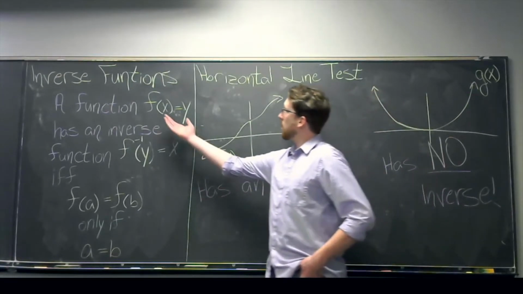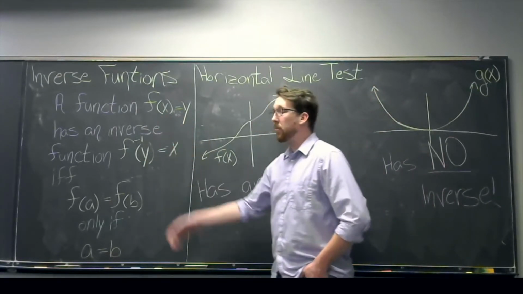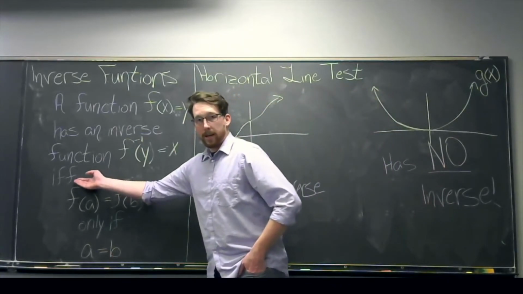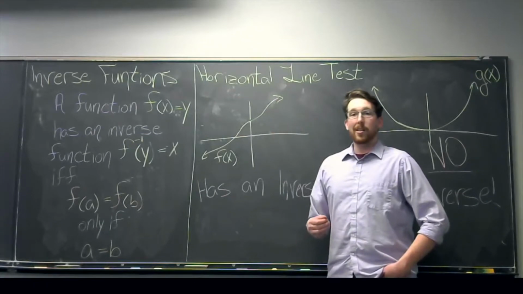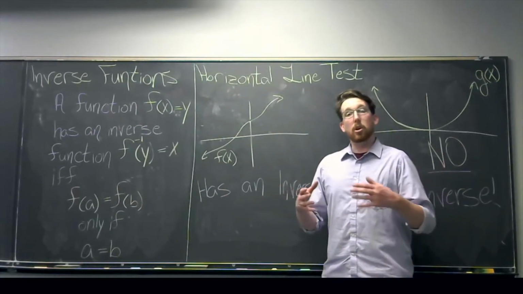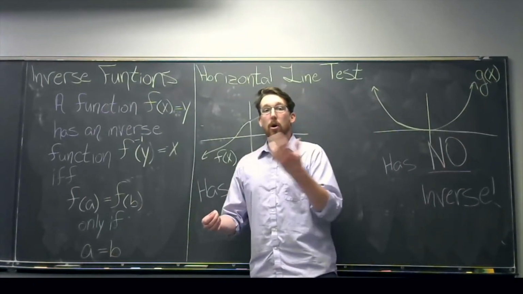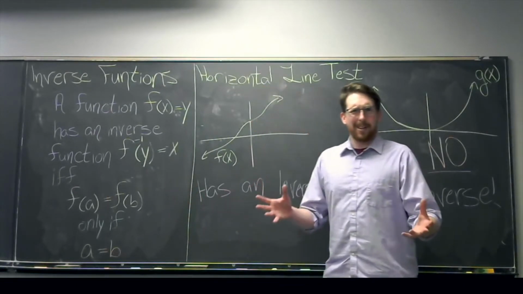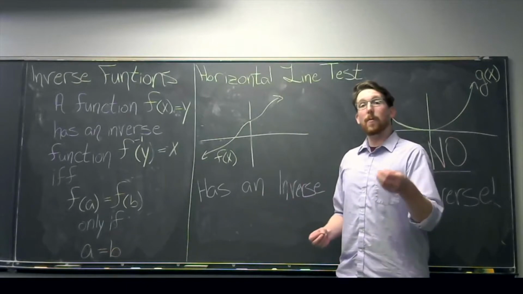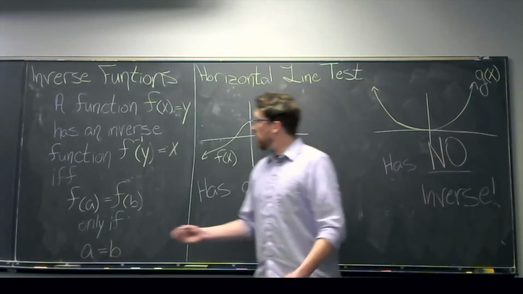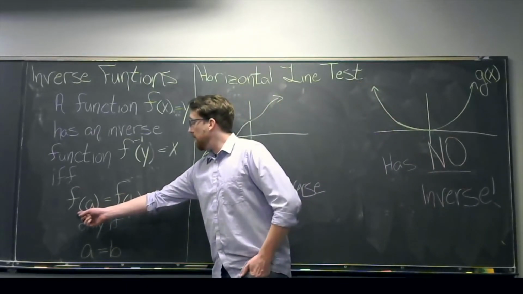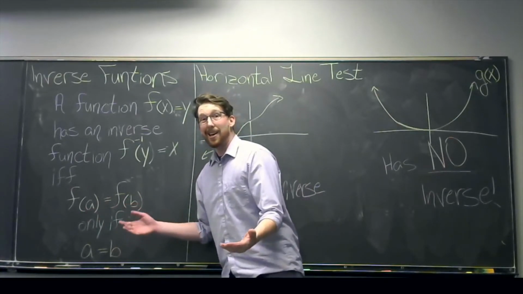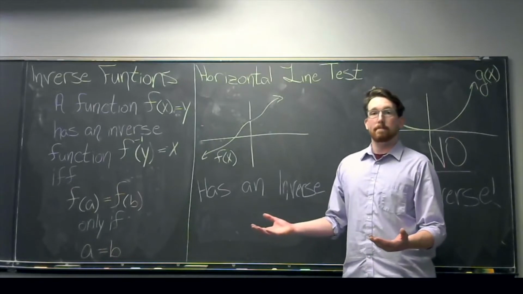Well, a function f of x equal to y has an inverse function if and only if that function is what's called injective, or otherwise known as one-to-one. So what does that mean? Well, for a function to be one-to-one, all we're saying is if f of a is equal to f of b, then a must be equal to b.